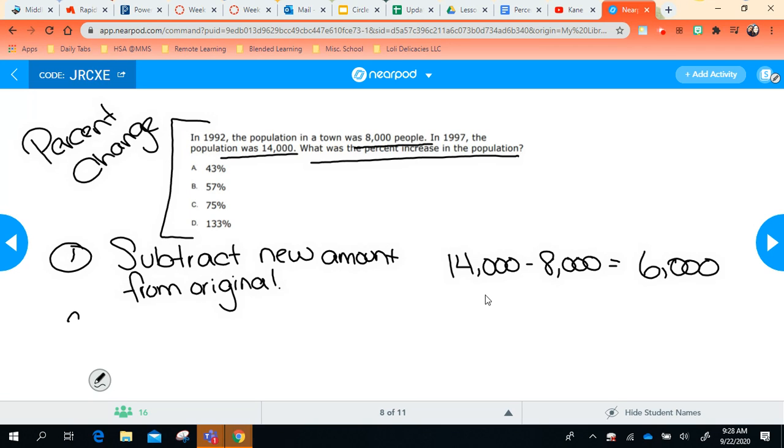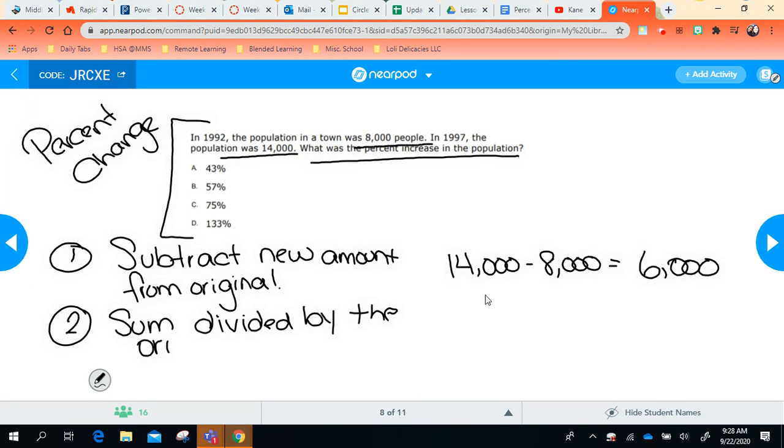Our second step is taking our sum divided by the original.